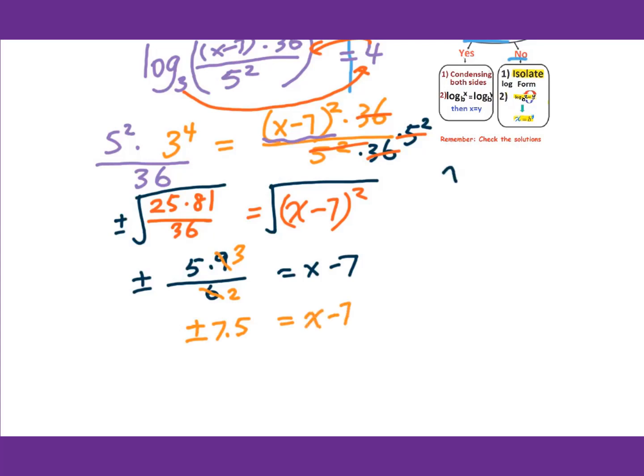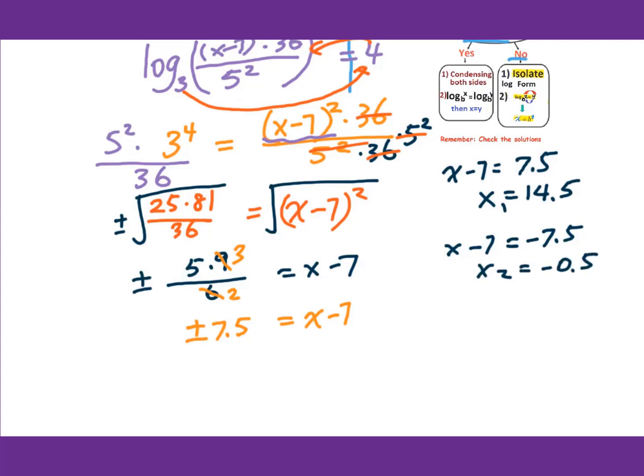We get x minus 7 equals 7.5, or x minus 7 equals negative 7.5. So for this side, x equals 14.5. That's your x1. x2 equals negative 0.5.